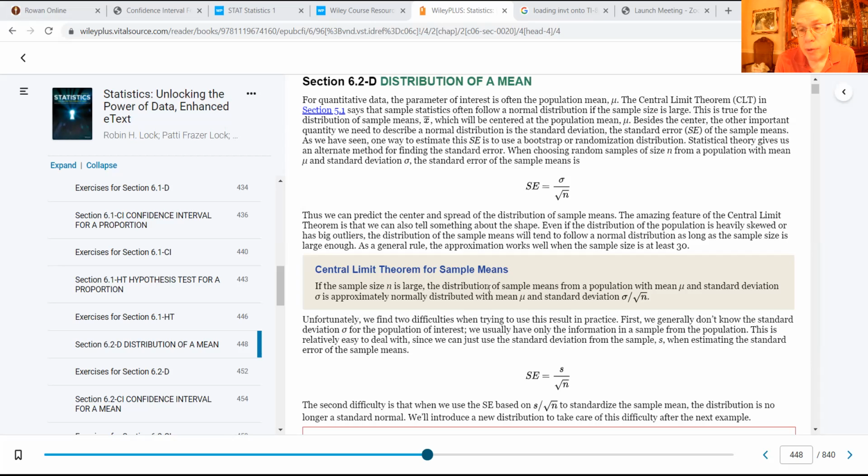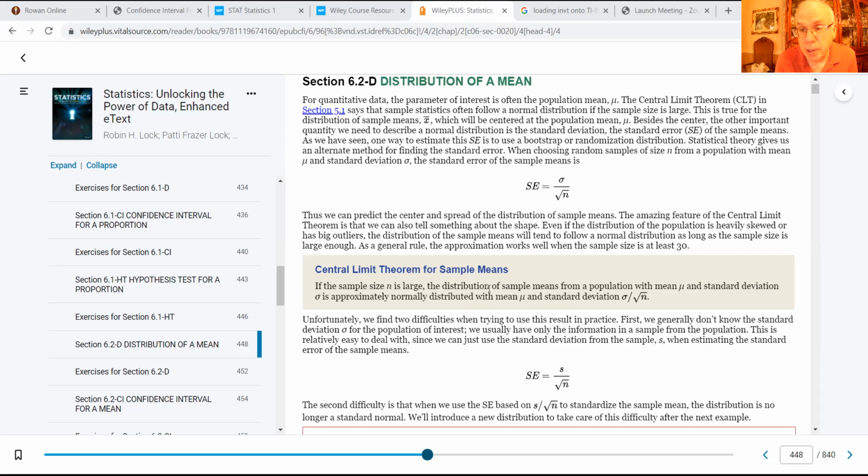Now, if you remember, when we talked about confidence intervals for proportions, we used the special formulas, n times p and n times 1 minus p, and we had to make sure both of those products were at least 10 for us to assume normality for the sampling distribution of sample proportions. But if we're looking at means, if we're using our sample mean as an estimate for a population mean, then if the population is not normal, we need n to be at least 30.